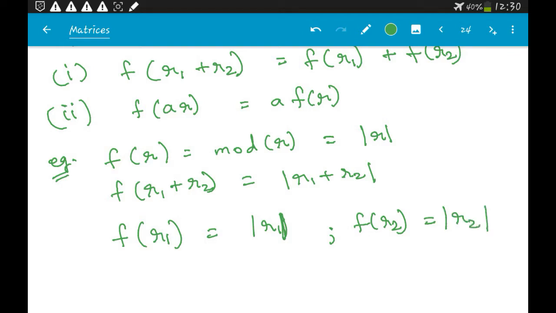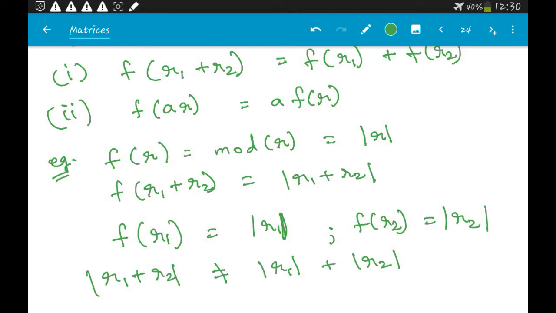So now if you see, mod of r1 plus r2 is actually not equal to mod of r1 plus mod of r2. We know this because if we are only considering the absolute values, then these would not be equal.